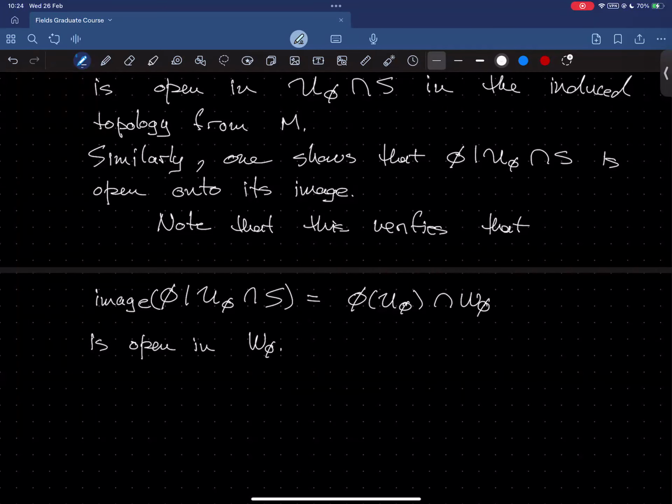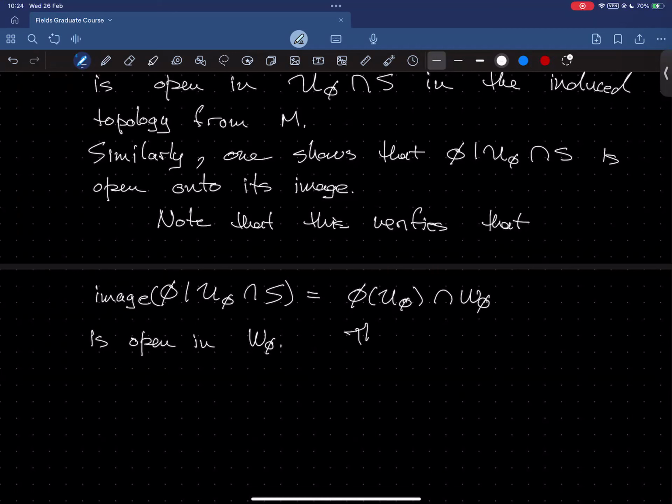So thus U phi intersect S, phi restricted to U phi intersect S, W phi. Oh, sorry, I made a mistake, but I think it's all right. These are charts. So we verified that these are charts.